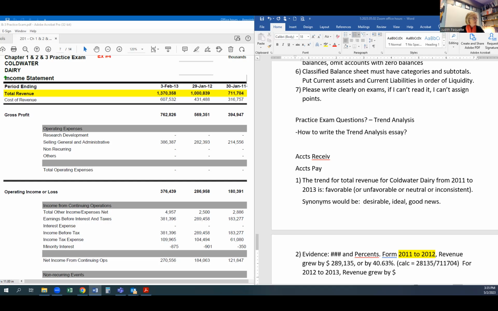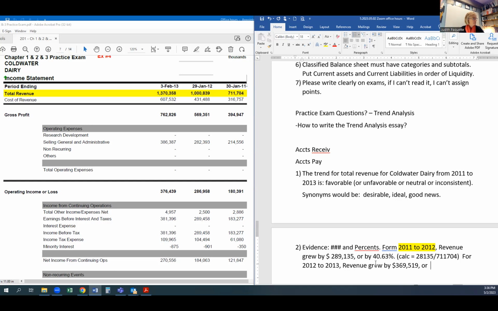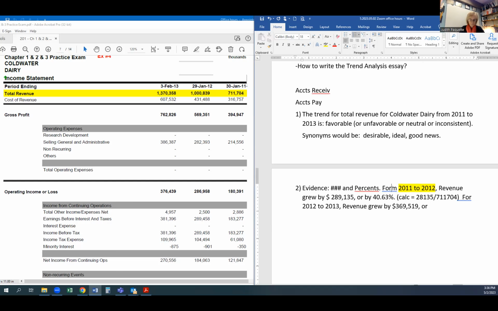And that's 369. That sounds right. 369,519. And then what's the percent? 36.92%. Again, 2 years of phenomenal growth.